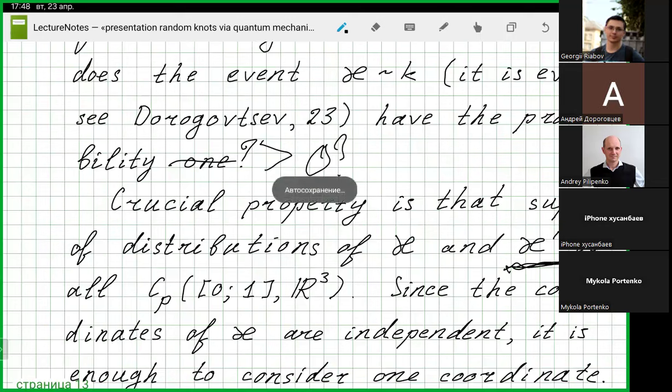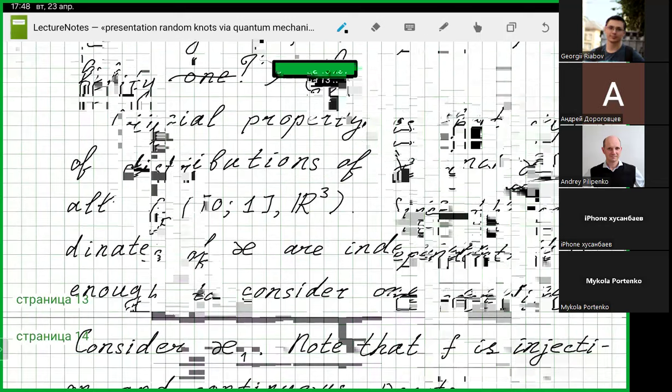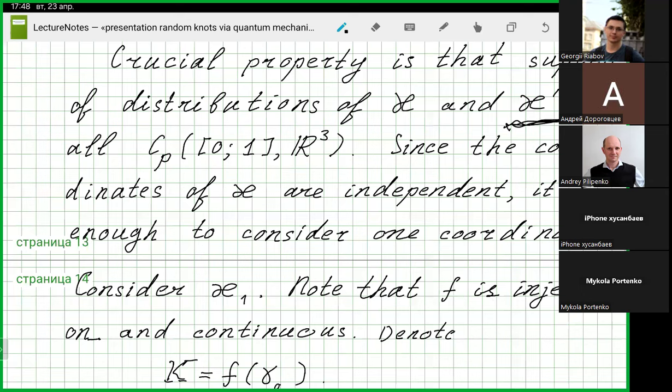But nevertheless, since the coordinates are independent, it is enough to consider one coordinate, kappa 1, and here we approach a very, in my opinion, very interesting problem from Hilbert space geometry. Let me formulate it.